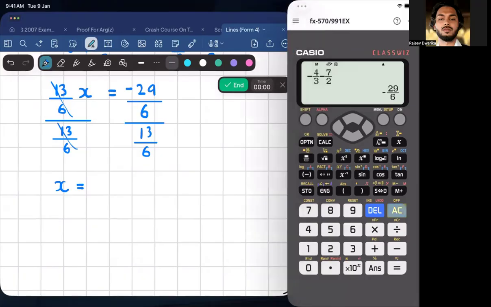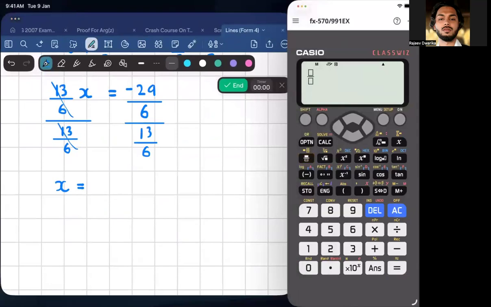Again, you could just plug that into your calculator if you want. Let me show you how you would do that. You're going to press the fraction button. You're going to put minus 29, right arrow, 6. Then you're going to press the fraction button. Check this out, Avinash.